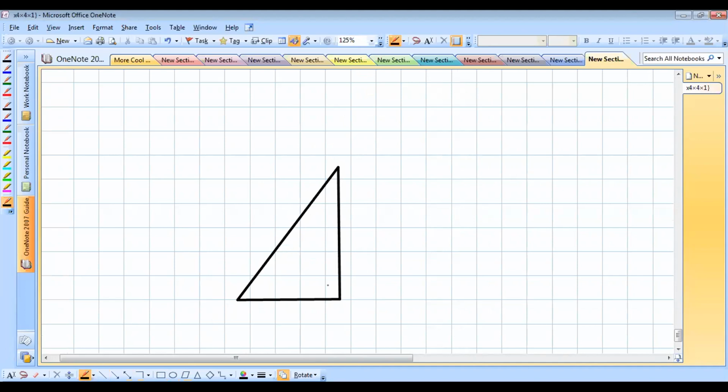So I have this triangular frame. Now on this I have this small block kind of thing.